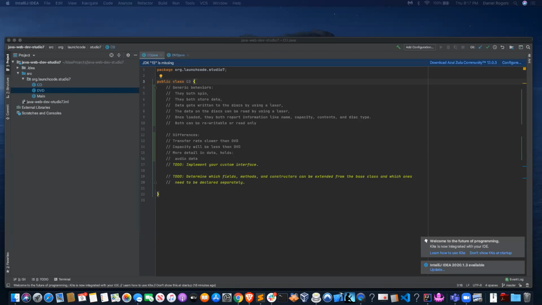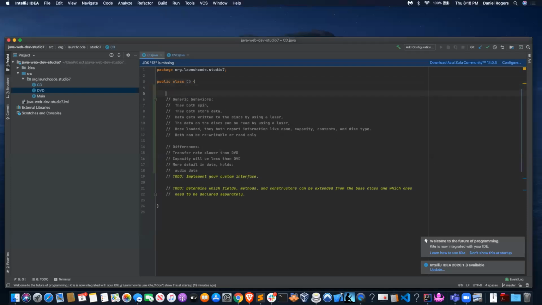So, okay. So behaviors will make into methods.